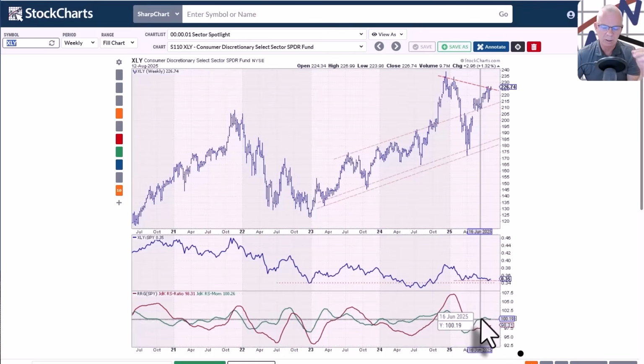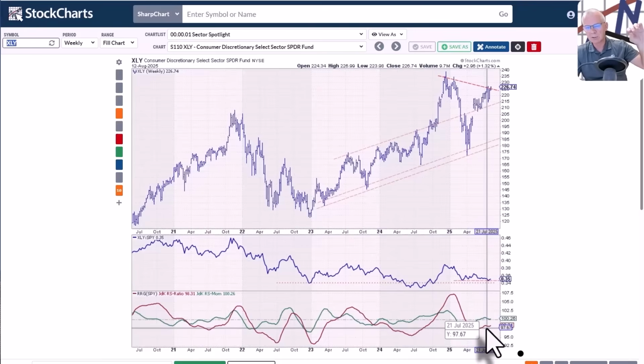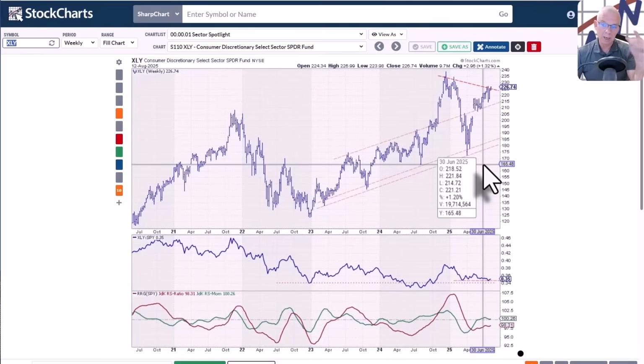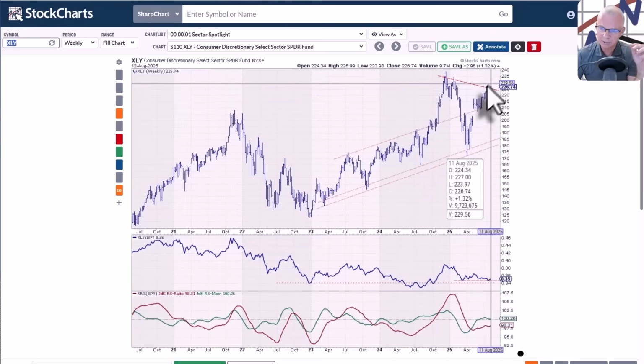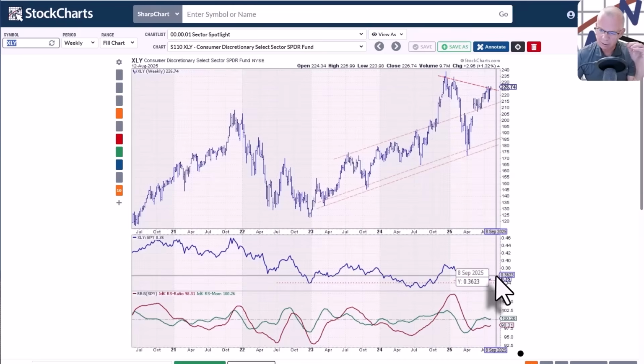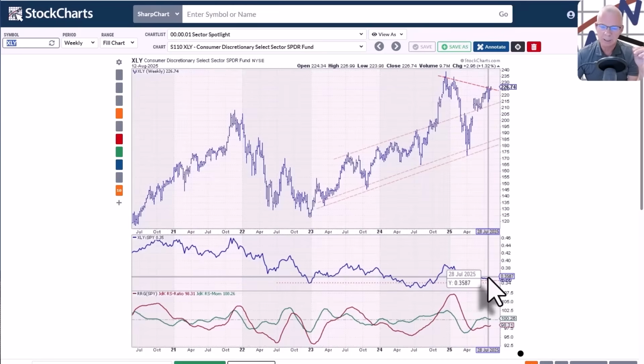Remember where consumer discretionary was: just inside the improving quadrant, and just to the left with a short tail on a positive heading. If this continues and we can push this higher, it will undoubtedly start to bring this relative strength line higher.